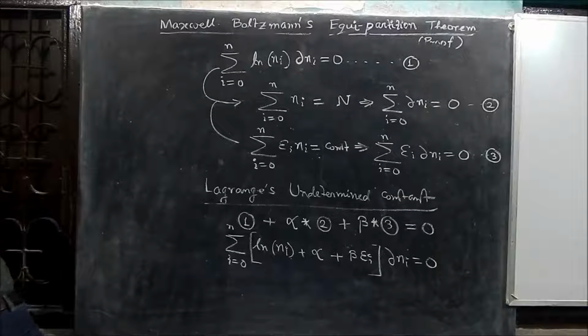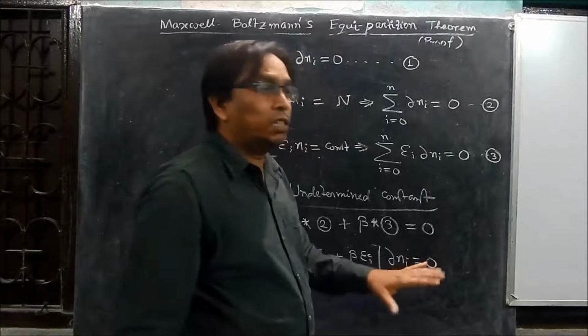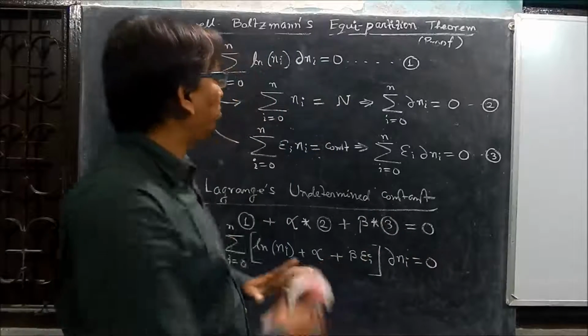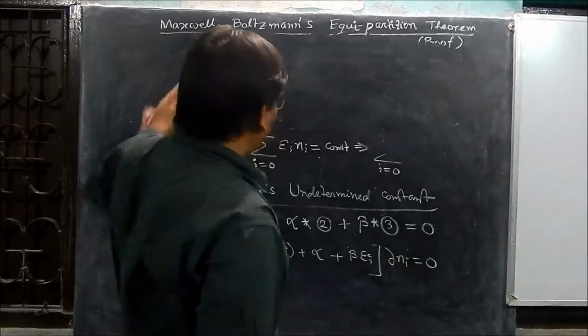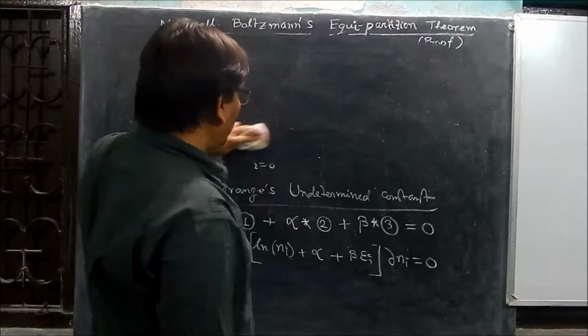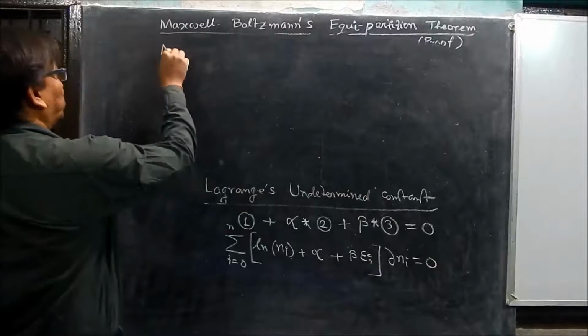Now the condition is such that we know that del ni is equal to 0. That means if we take del ni equal to 0, then you will not get any solution.